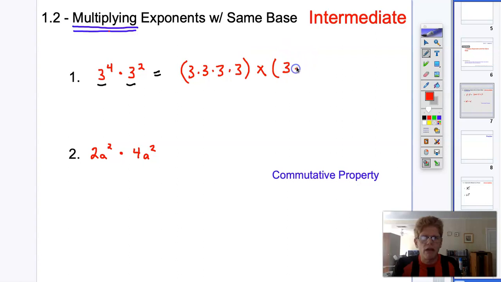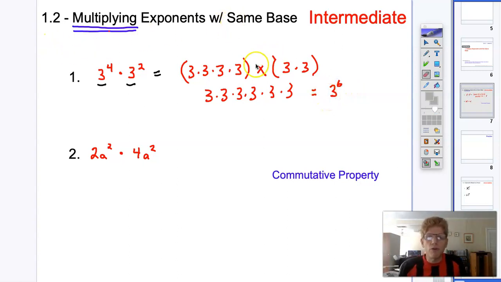So 3 times 3. If we were to write that out all as a single multiplication problem, we would write it like this: 3 times 3 times 3 times 3 times 3 times 3. Now, if we write that out in exponent form, we'll know that that is 3 to the 1, 2, 3, 4, 5, 6 power. 3 to the sixth power.